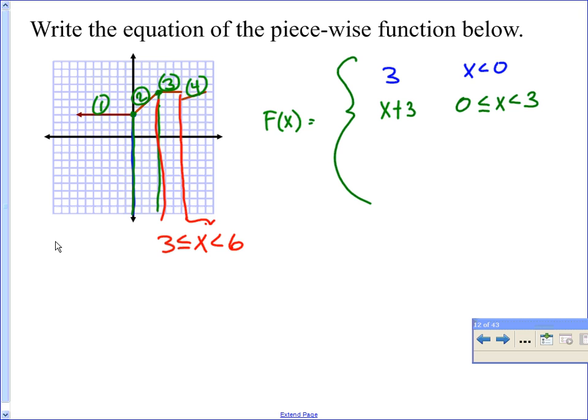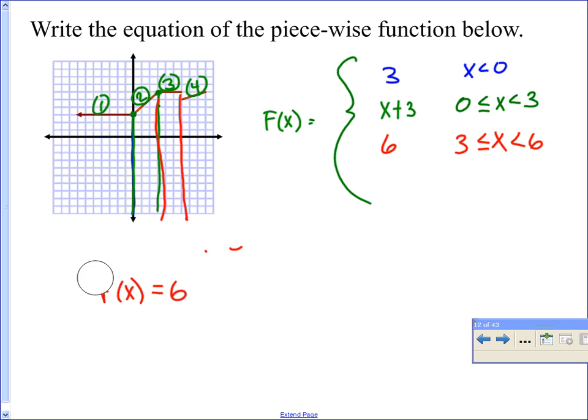Again we have a horizontal line, so it's just f of x equals some number, and that number looks like it is 6. So the height there is 6, and we have this equation from 3 up to 6.